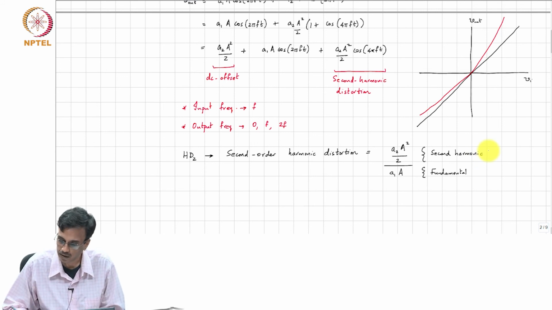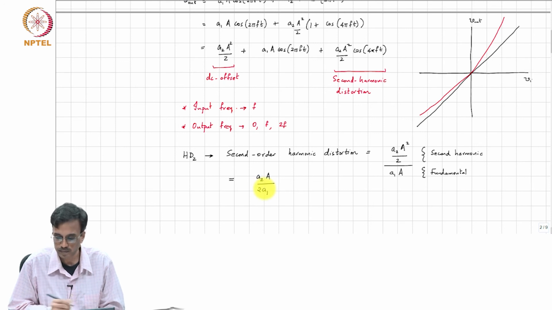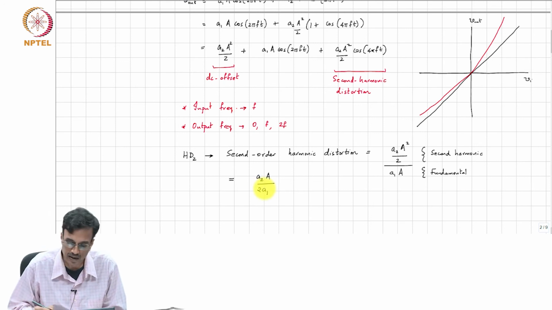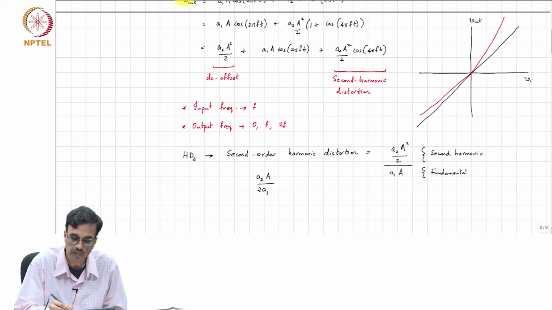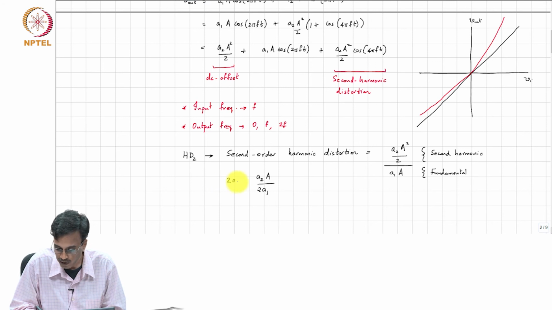As you can see, this is A2 A divided by 2A1, and in dB this is simply 20 log to the base 10.